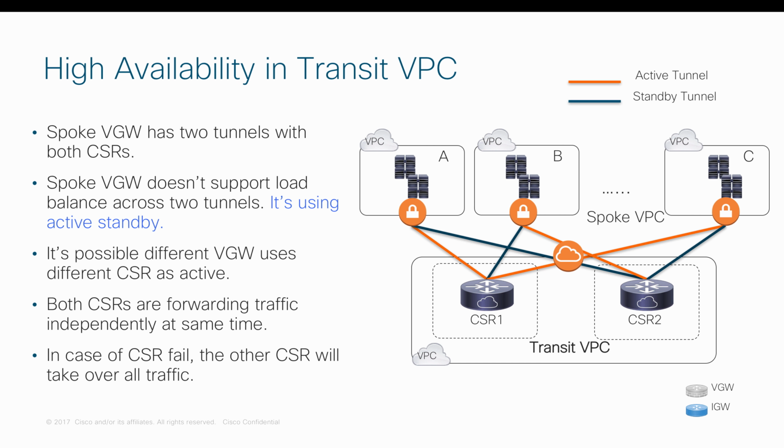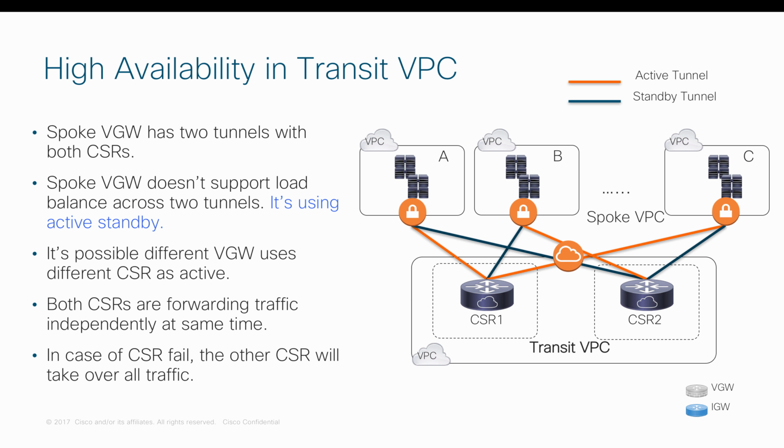HA. Customer has a question: okay, I have two CSRs in different AZs. Do I have to set them up in HA mode? We have the HA, where the CSR will monitor the other's status and do a REST API call to change the route table. That's not required in the Transit VPC. It is only required if you have a VM running in the Transit VPC.